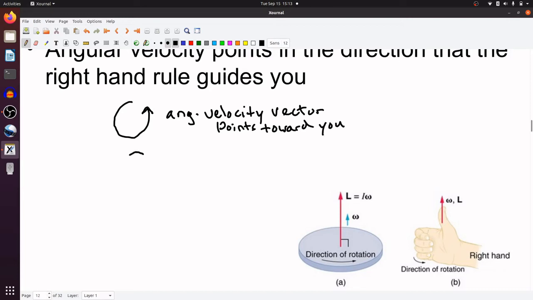Let's say we rotated this way. Your angular velocity vector, oh, I didn't spell velocity right. It points, well, in this case, into the computer.